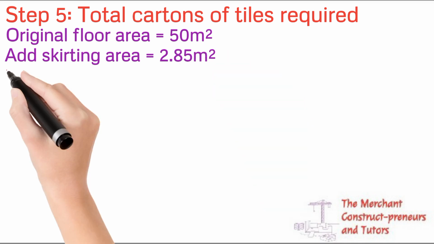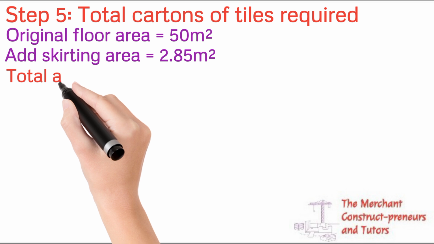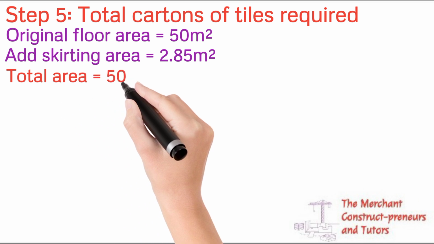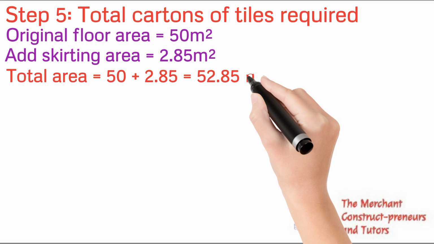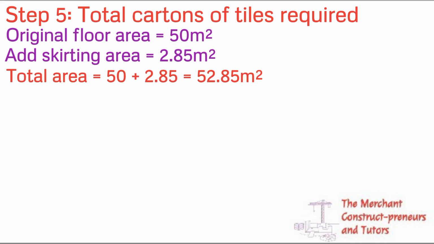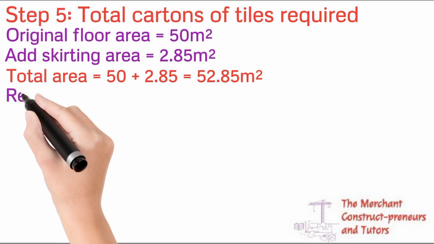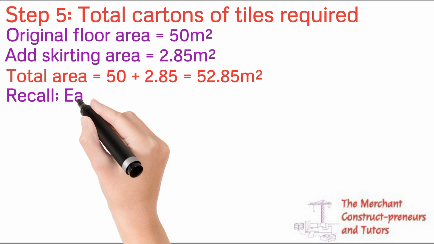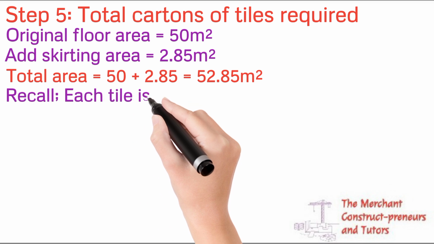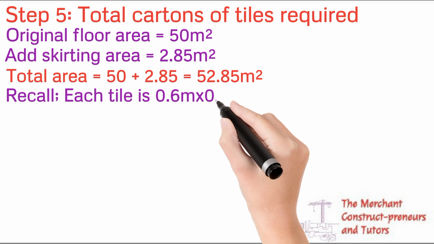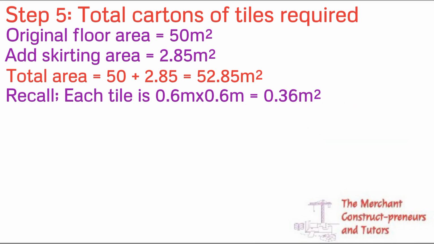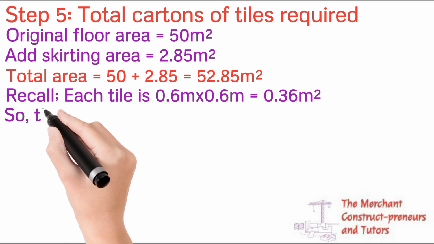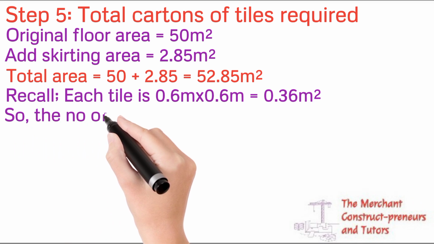And then each of the tiles is 0.6 by 0.6 meters, that is 600 by 600 millimeter tiles. So the number of tiles will now be the total area that is needed divided by the area of each tile. So we have 146.67 numbers. Then we add wastage of about 10%.